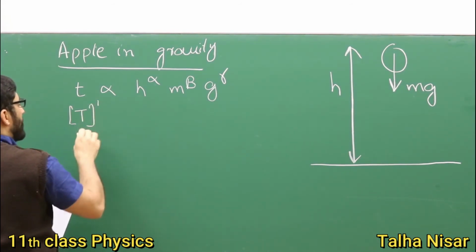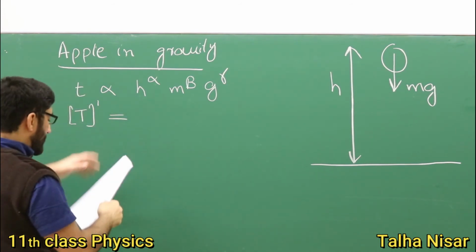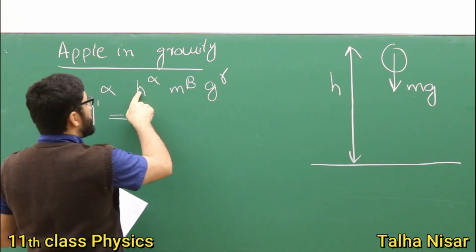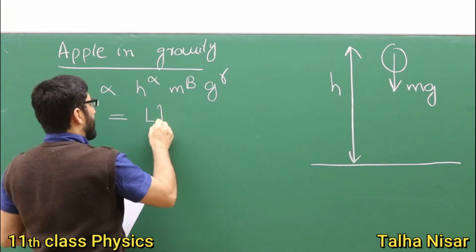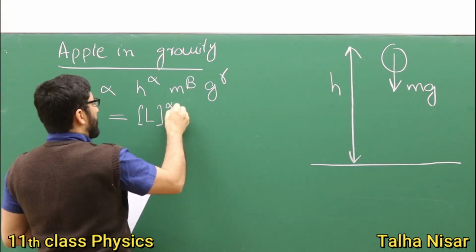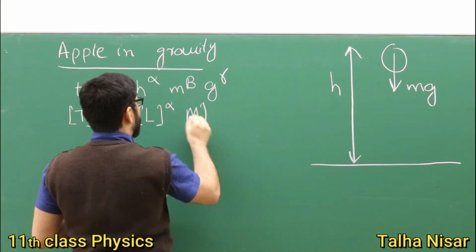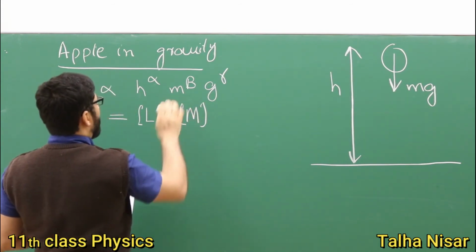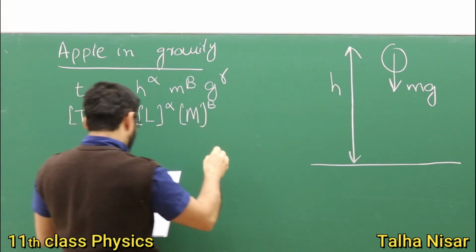Here is 1, we don't have to write it, but we write it for simplicity. And now h is the length, which is the base physical quantity. We write alpha, and now we write m, which is the base physical quantity here, and we write beta, which is the power. Right now we do not know.